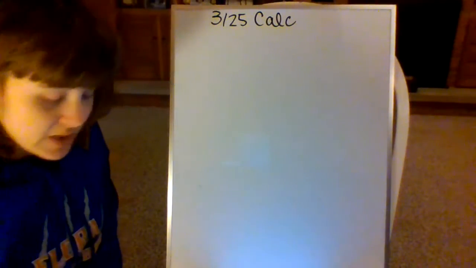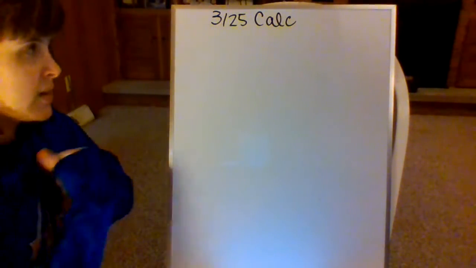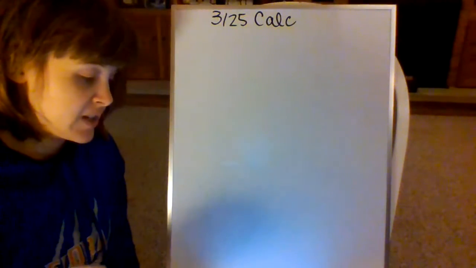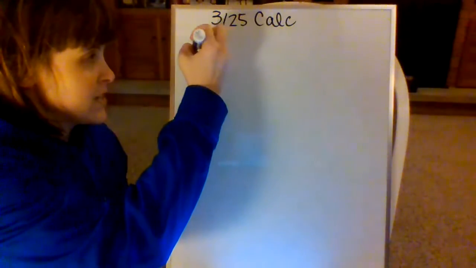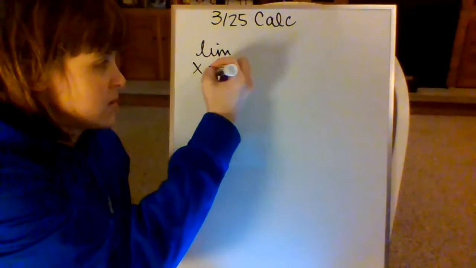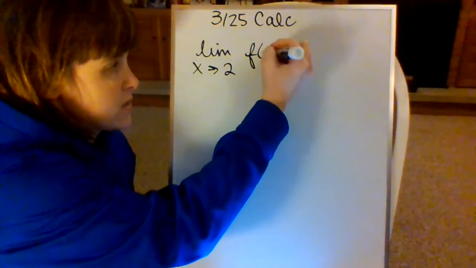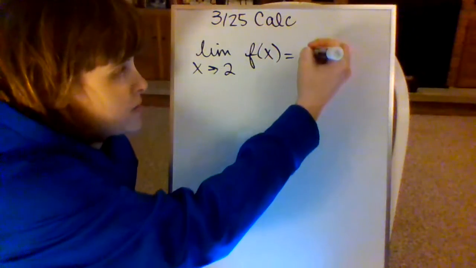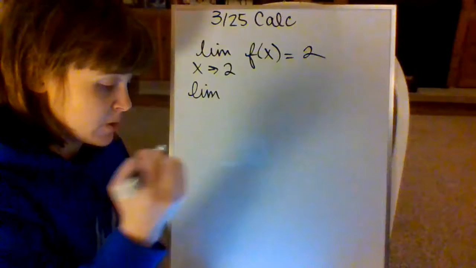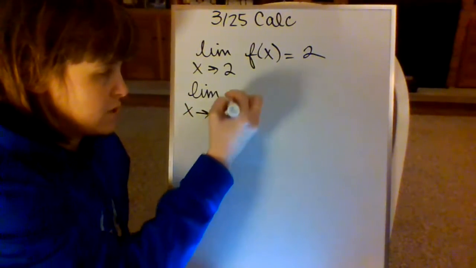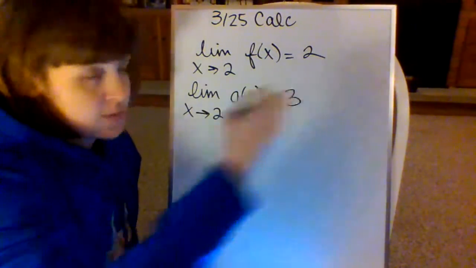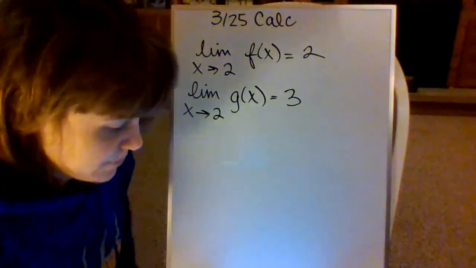If you scroll down to example 2, they give us two functions and their limits. It says if the limit as x approaches 2 of f of x equals 2, and the limit as x approaches 2 of g of x equals 3, we're supposed to find each of the following.